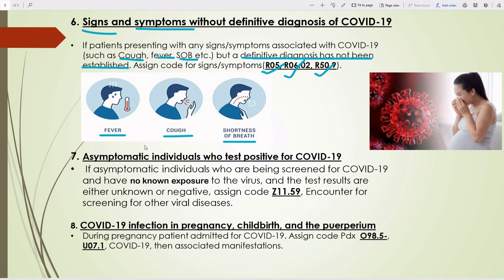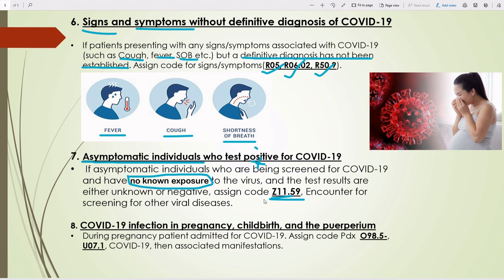So next, asymptomatic individuals who test positive for COVID-19. If an asymptomatic individual is being screened for COVID-19 and has no known exposure to the virus, and the test results are either unknown or negative, at that time assign code Z11.59, encounter for screening for other viral disease.